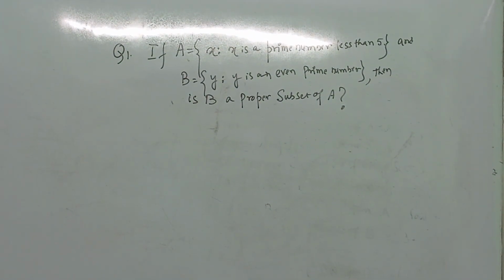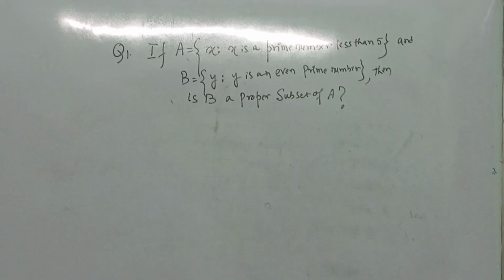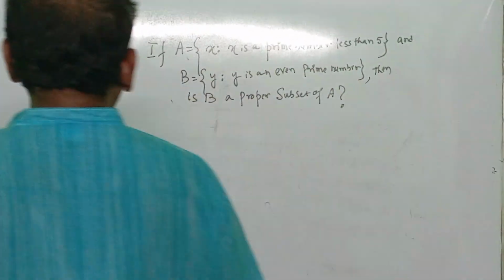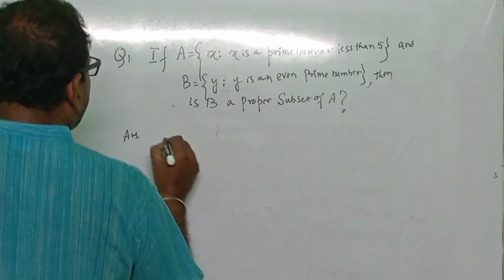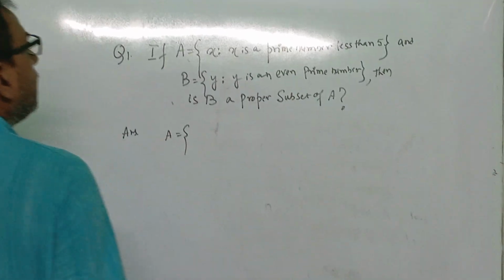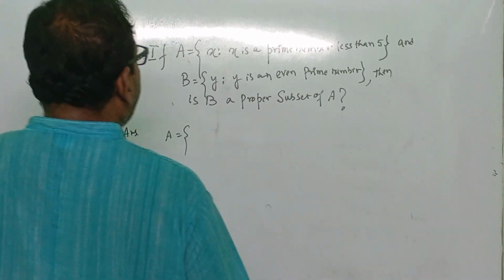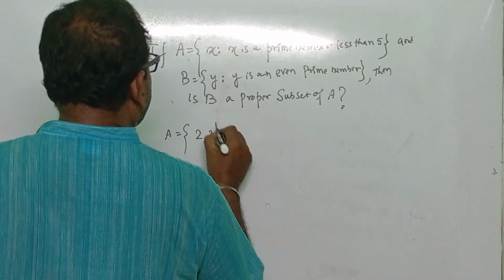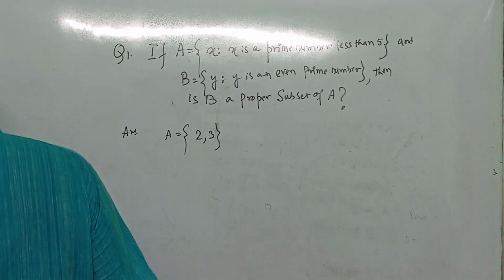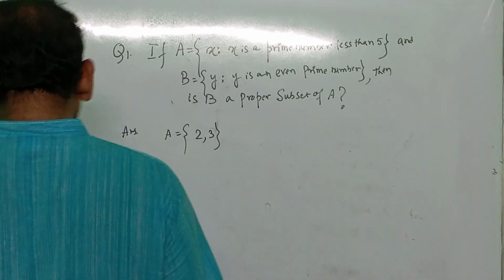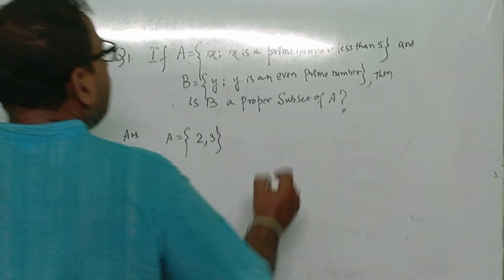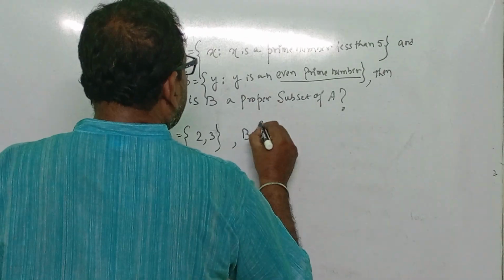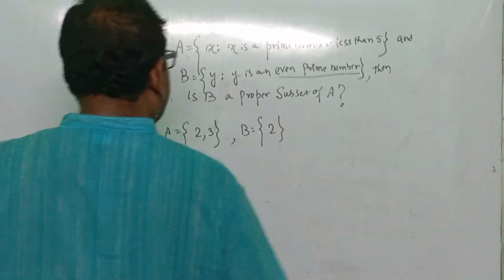If A and B are the two sets, they have given that B is a proper subset of A. Okay, now answer. What is set A? X is a prime number less than 5, so that is 2 and 3. And Y is an even prime number. This is very important. So what is B? There is only the even number 2.